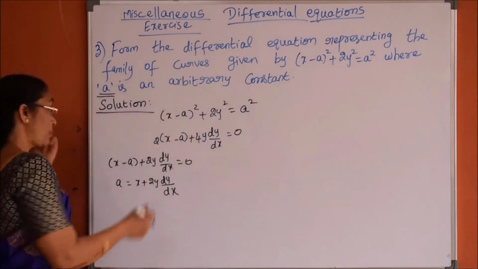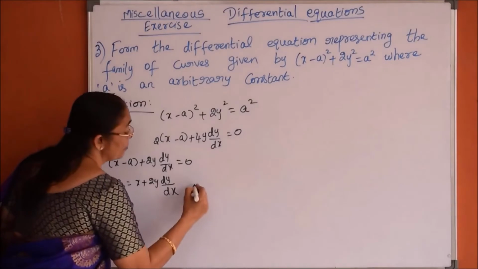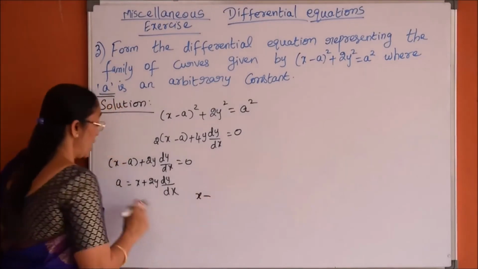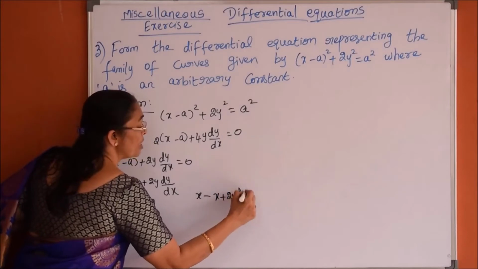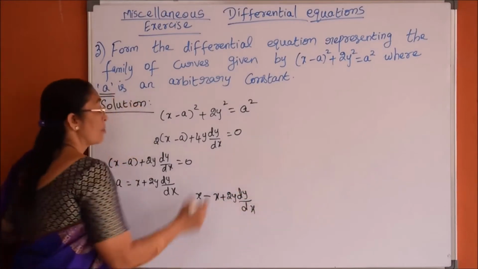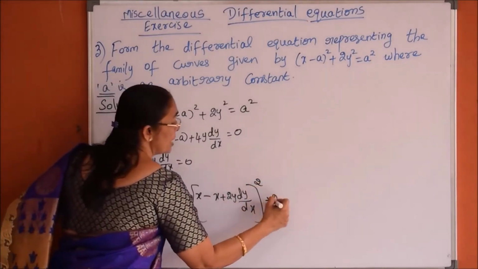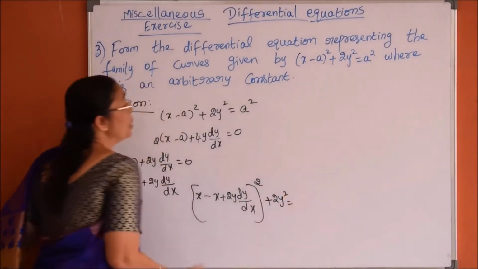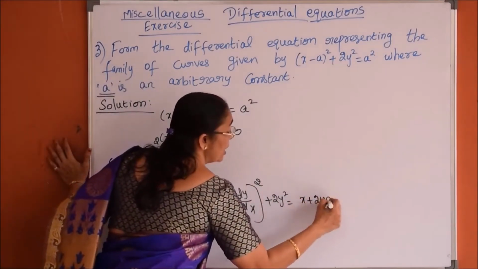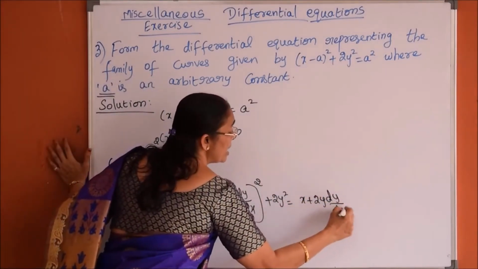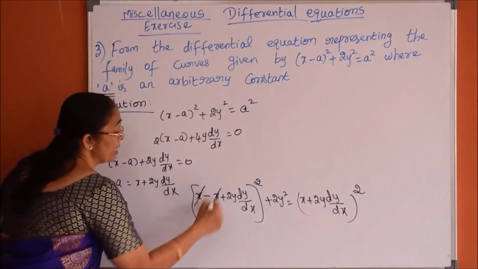Now, substituting the a value here, we get (x minus a), where a is x plus 2y dy by dx, whole square, plus 2y square is equal to a square. Again, a square is (x plus 2y dy by dx) whole square. Now, x gets cancelled here.